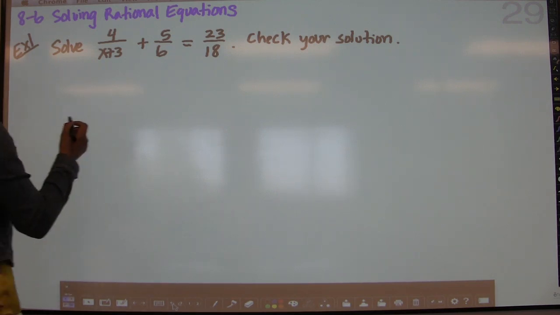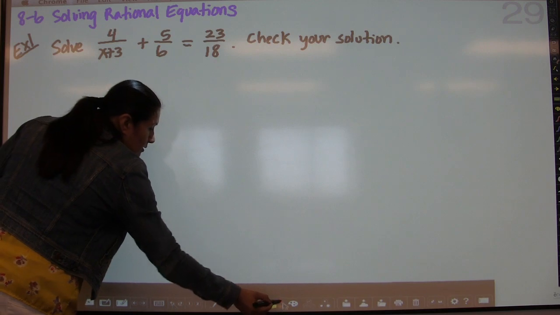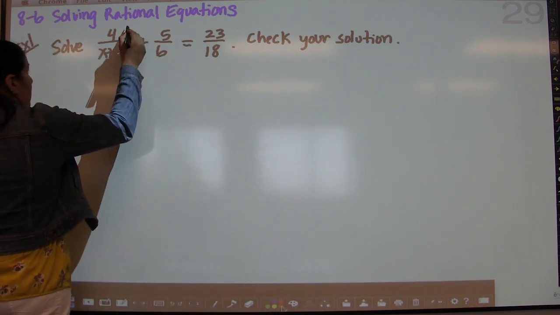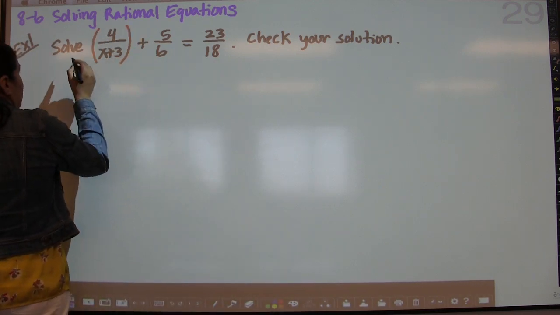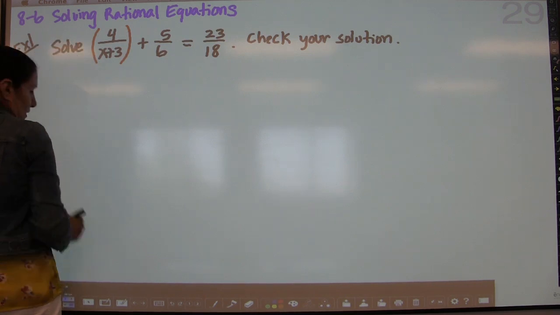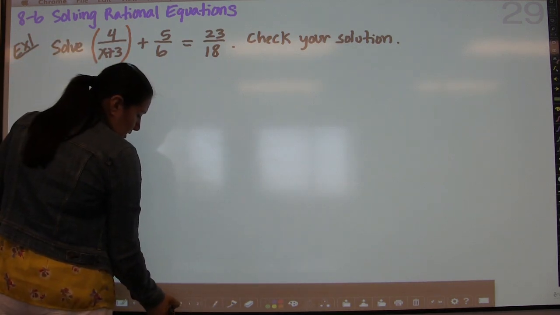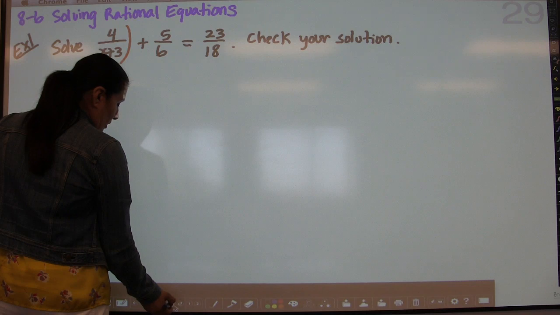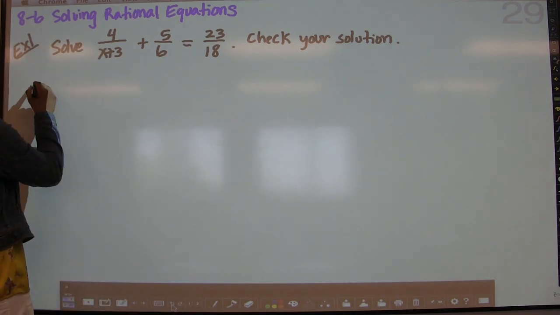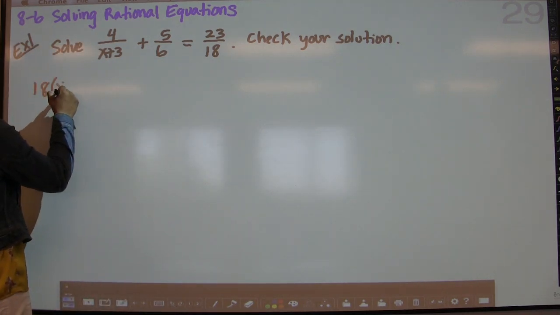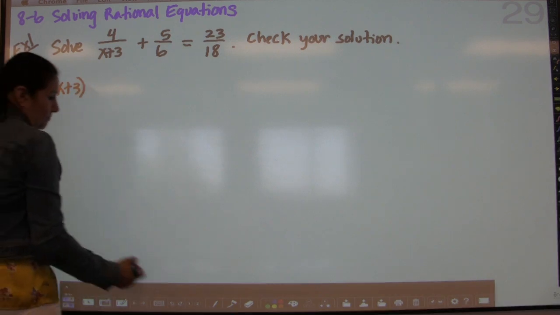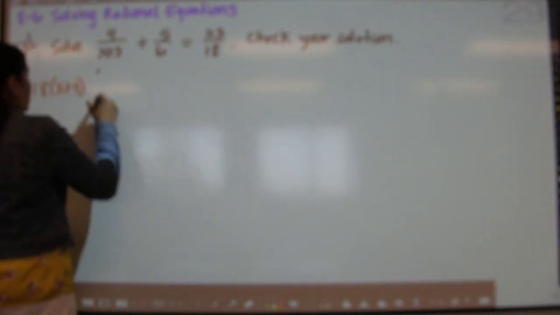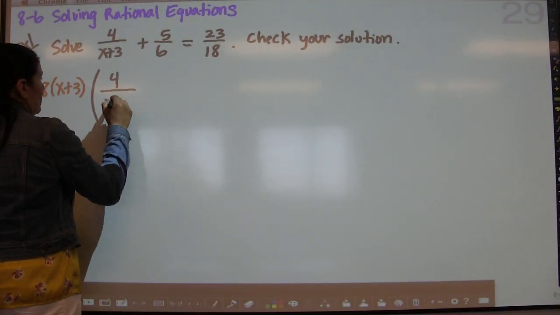So what you want to do is multiply each individual fraction by, well, let's not be lazy, I'll write it all out for you. I'm going to take the 18 and the x plus 3 and multiply it by the 4 over x plus 3.